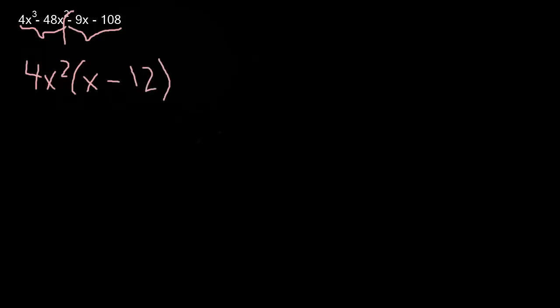The second part of this problem is a plus sign. No, I'm just going to make it look like a plus. And then for the second part, we can take out a minus 9 right there. And when we take out the minus 9, it leaves an x minus 12.